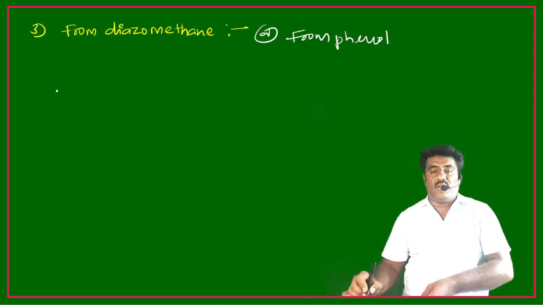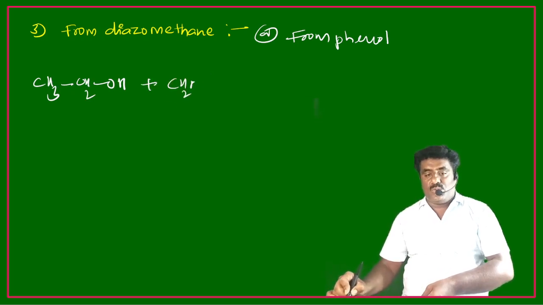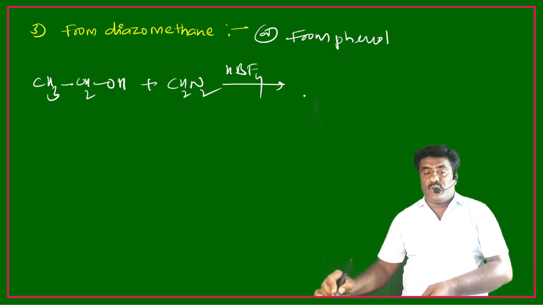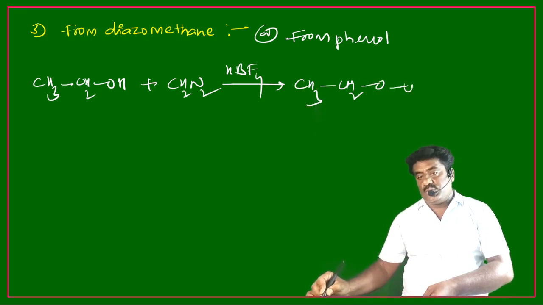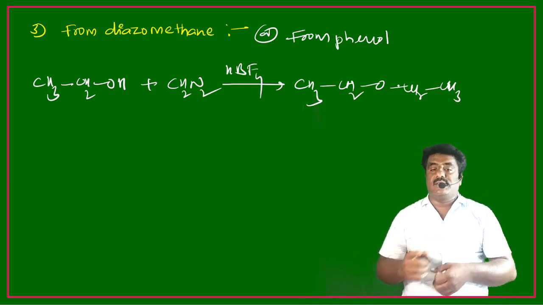I am taking alcohol, CH3CH2OH, in presence of diazomethane, CH2N2, and HBF4. It gives CH3CH2OCH3, an ether.